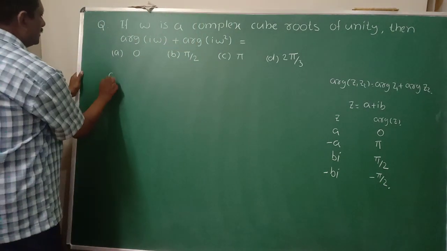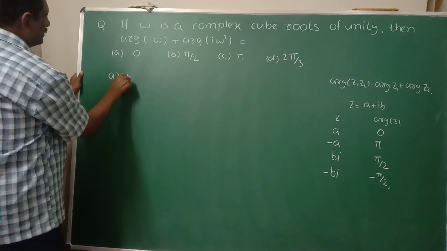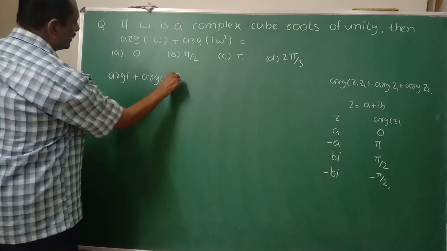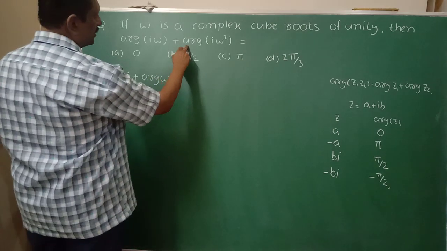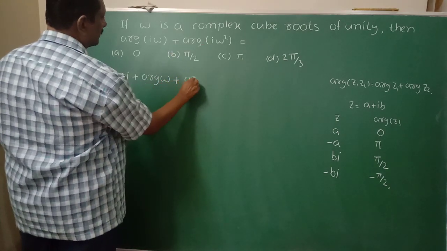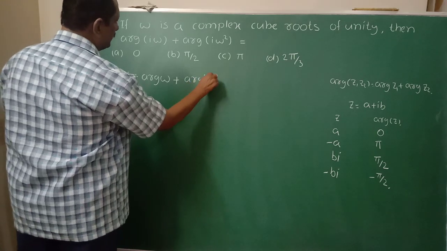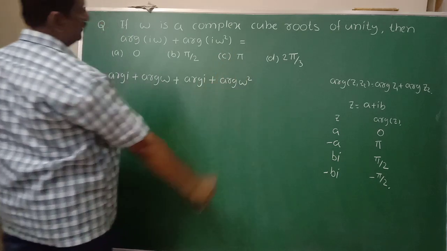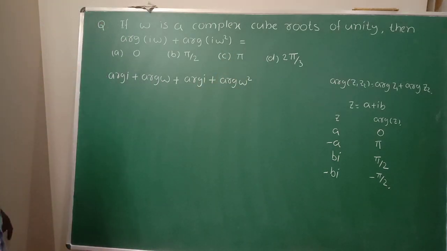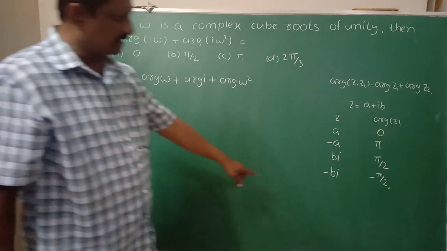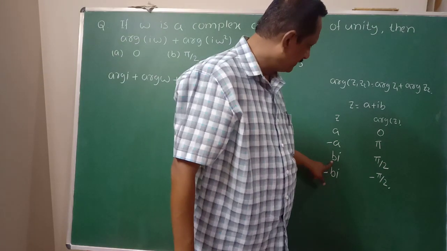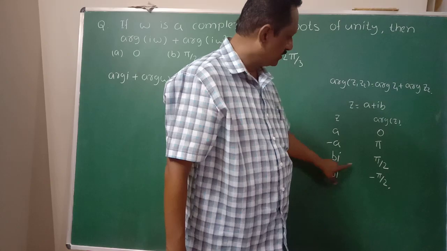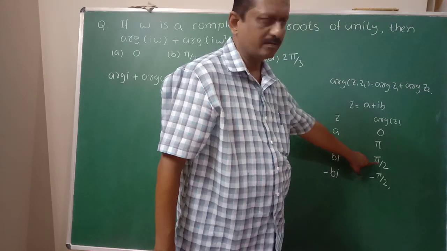So argument of i plus argument of omega, plus, and again argument of i plus argument of omega square. And you know this result: if a complex number is b into i, b any real number, then argument is pi by 2.